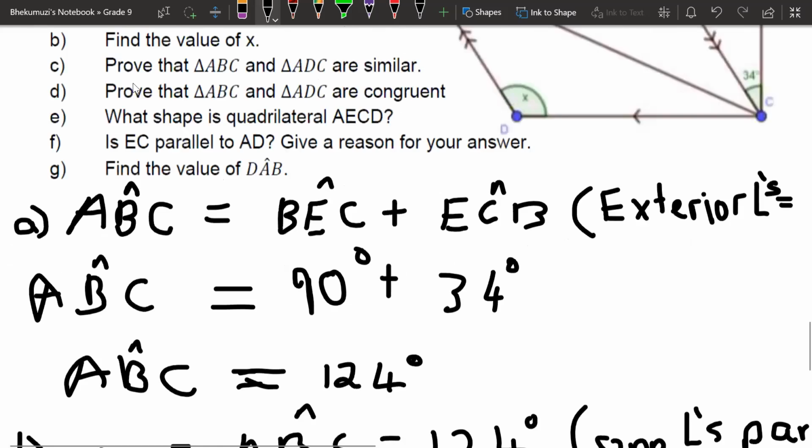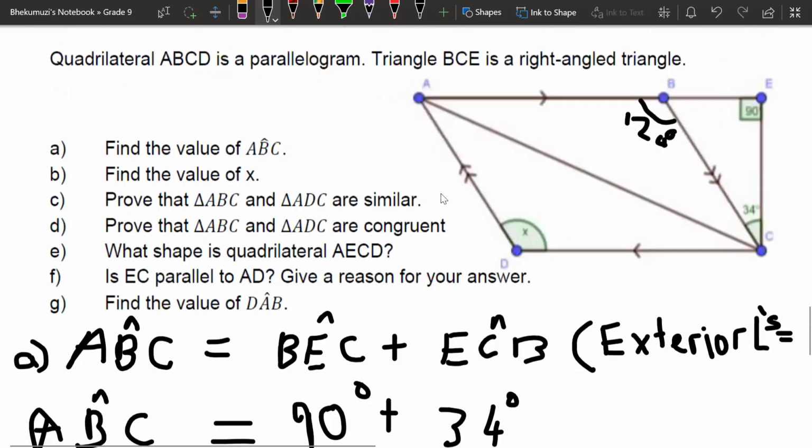Now C, it says prove that ABC and ADC are similar. Now, which of these triangles are this? This is ABC, right? And then we also have ADC. Now, notice something here, that we are trying to prove that they are similar. So what we're looking for basically is mostly the angles. We want to prove the angles are the same, right?